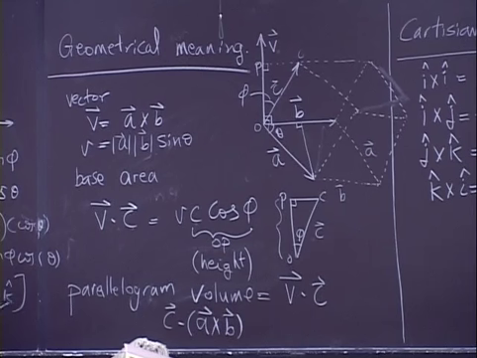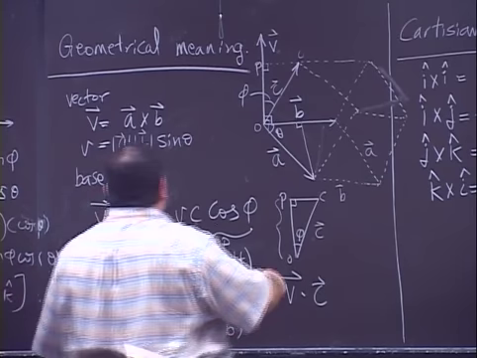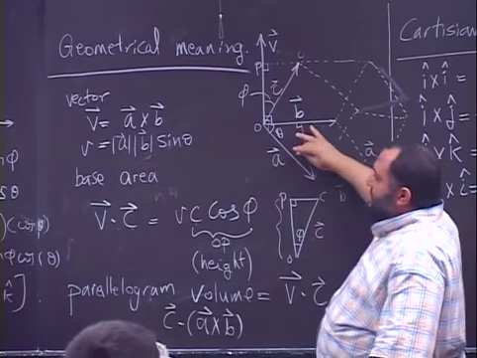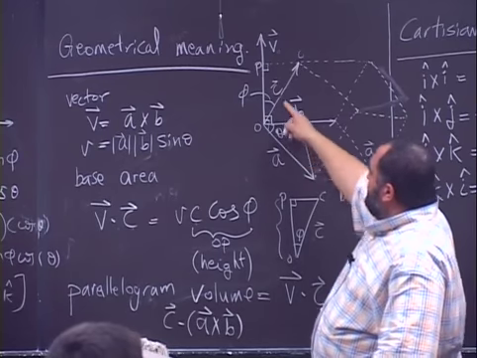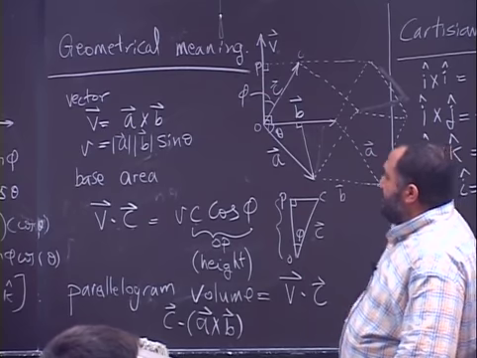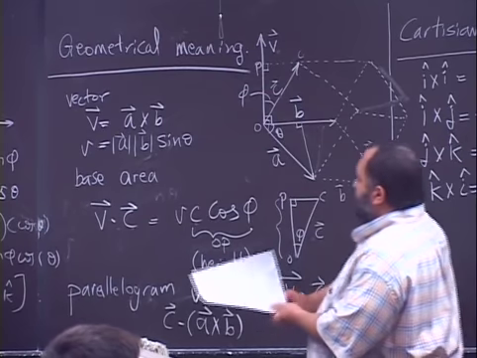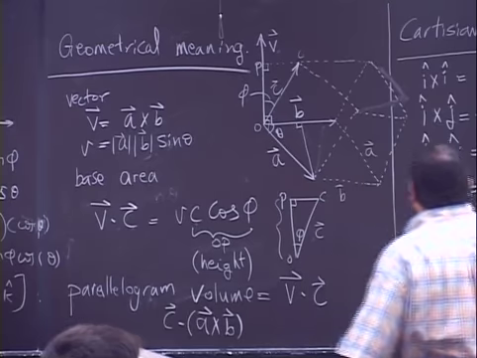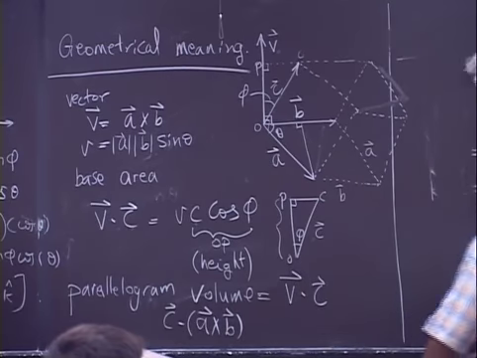Do you have any question? Because A cross B is the base area, and dotted with C is the volume of the parallelepiped. Do you have any question?